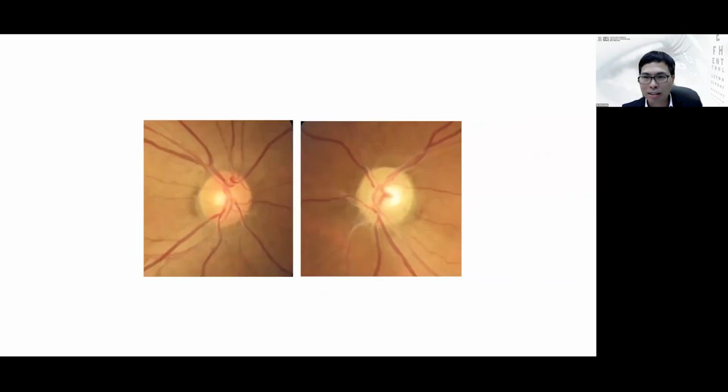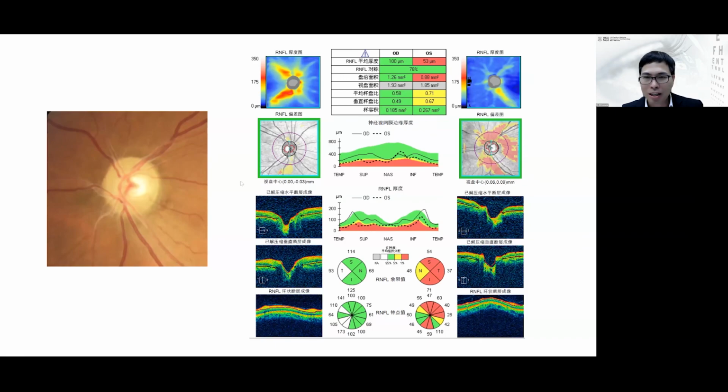If you just look at the OCT without looking at the optic disc, you would misdiagnose glaucoma in this case, because this is not a case of glaucoma. This is a case of non-glaucomatous optic neuropathy. So you need to look at the optic disc. You cannot just rely on OCT alone for all ages. For younger individuals, it is also a problem. We don't have a normative database for young individuals, so it is quite difficult to make a diagnosis of retinal nerve fiber defects in young individuals at this stage.